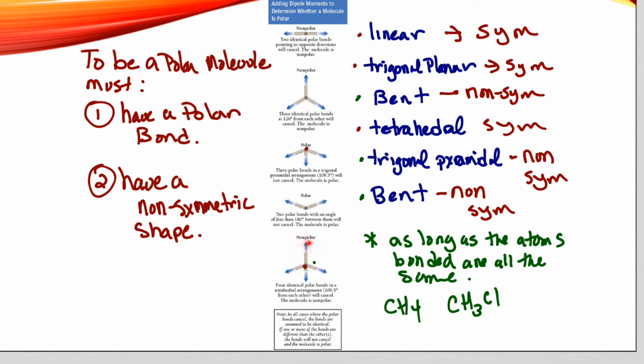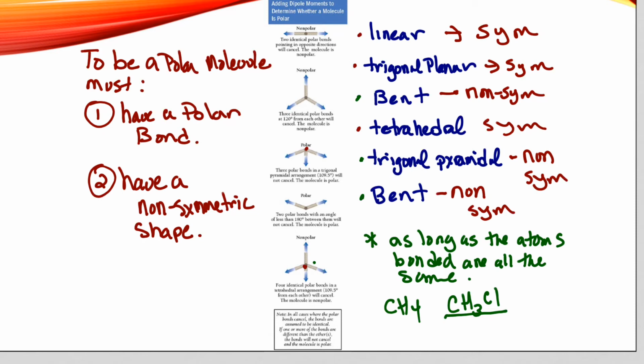one of these is chlorine and the other 3 are still hydrogen, then because the difference in electronegativity in all the bonds is not the same, the pulling won't be exactly the same, and again, it won't be balanced, it won't be symmetrical. So all of a sudden, now we have something that is a symmetrical geometry, but is not really symmetrical because all 4 atoms are not the same.